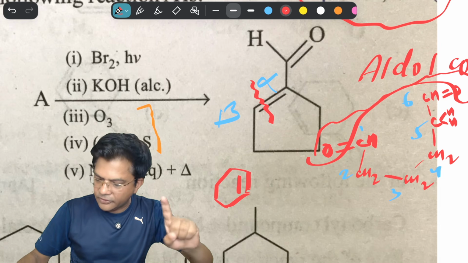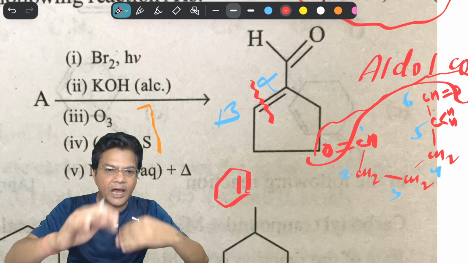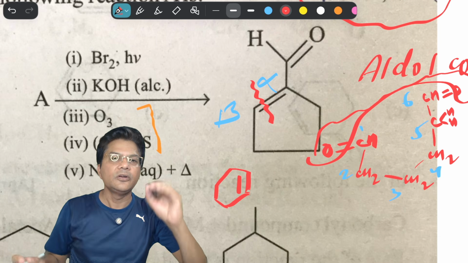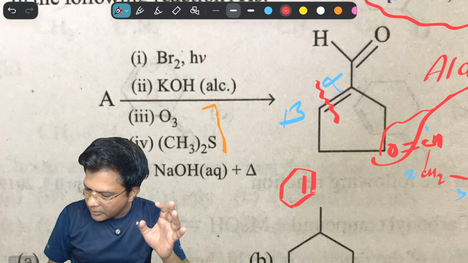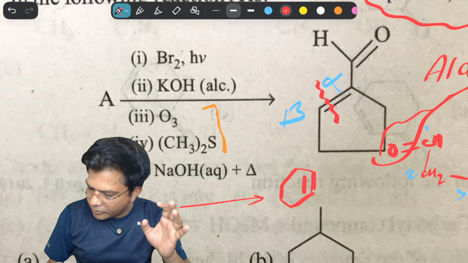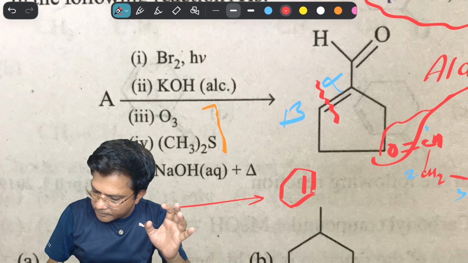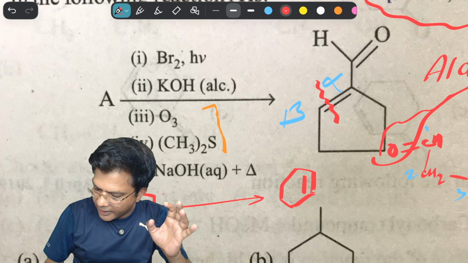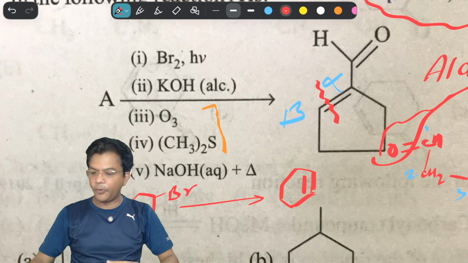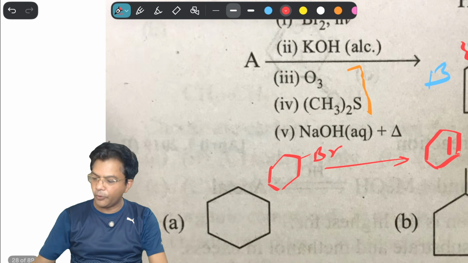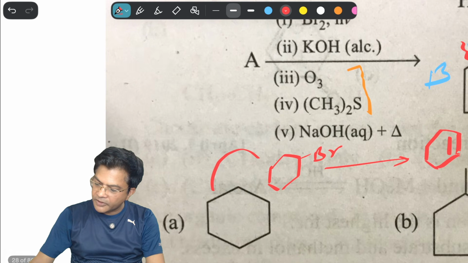Now cyclohexene must have formed due to alcoholic KOH, that means dehydrohalogenation. That means before this, one carbon must be containing Br. So it is like this, and bromination, just before bromination, this must be like this.